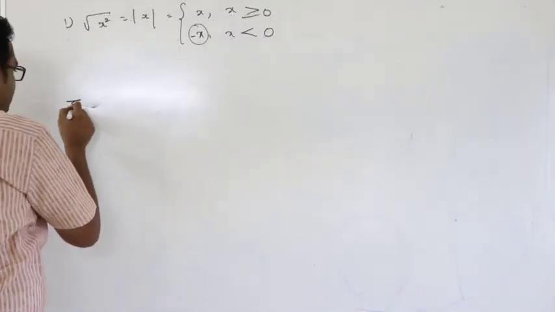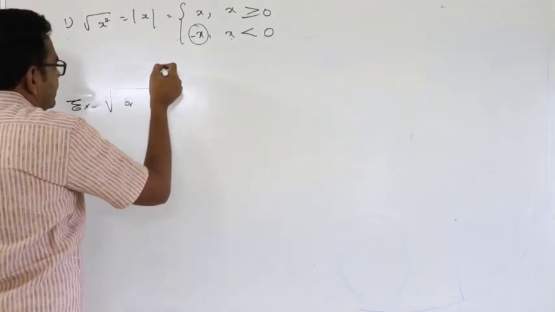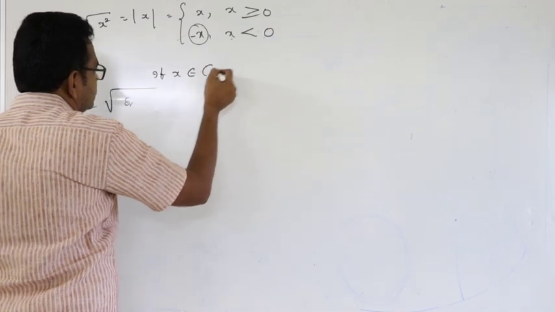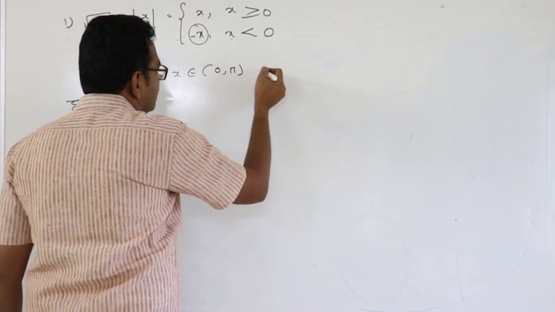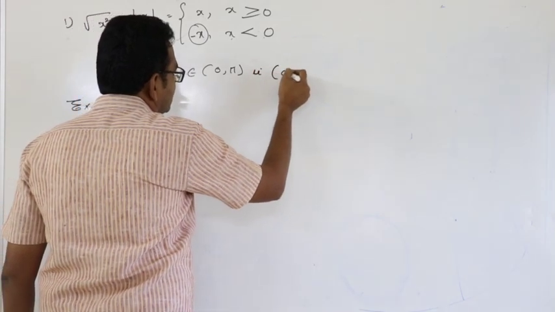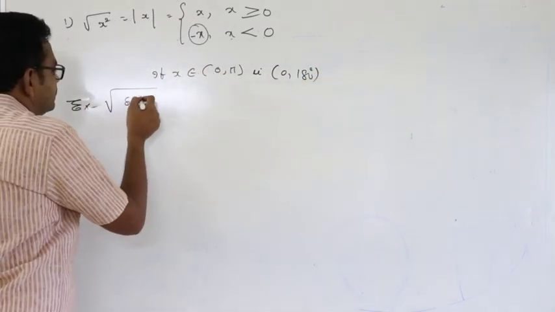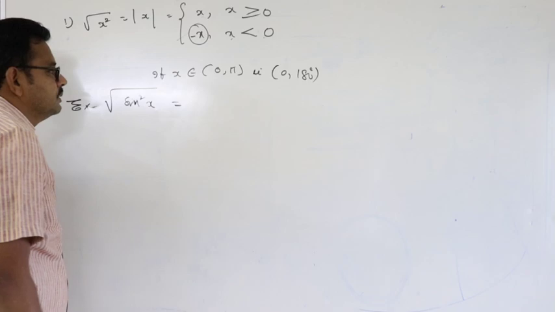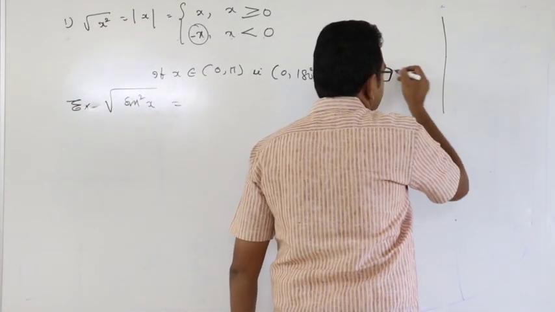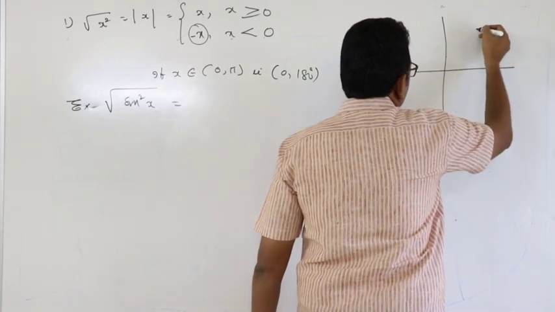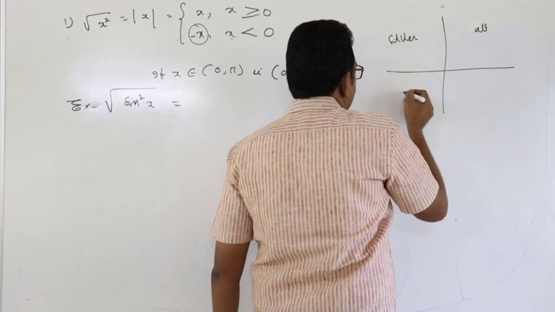One example here: root of sine square x, if x belongs to 0 comma pi. Pi means 180 degrees, so 0 comma 180 degrees. I think you know the trigonometry. This is all silver teacups.